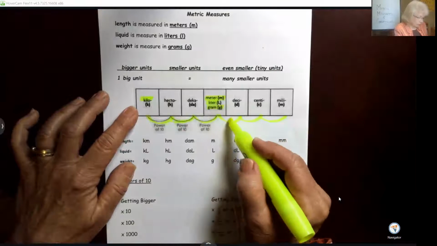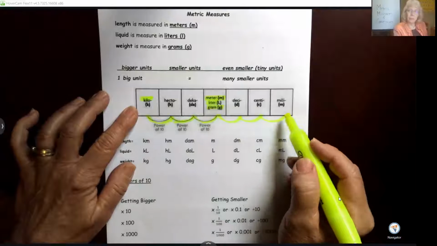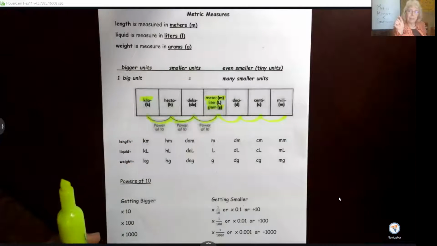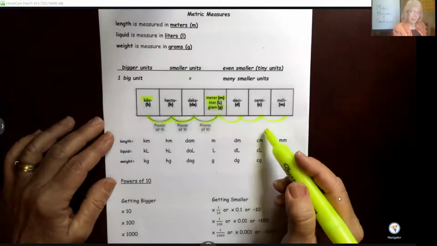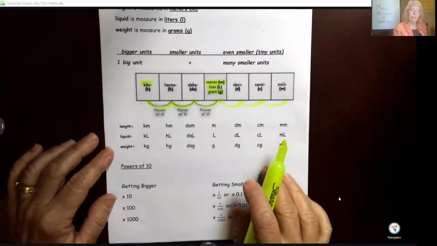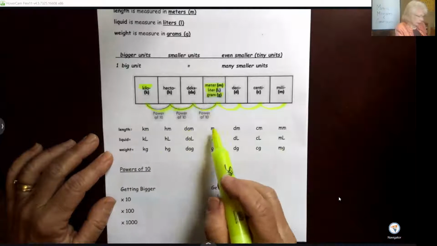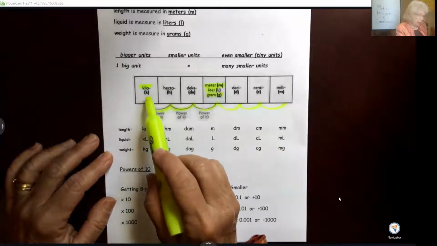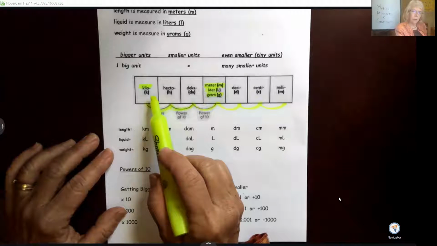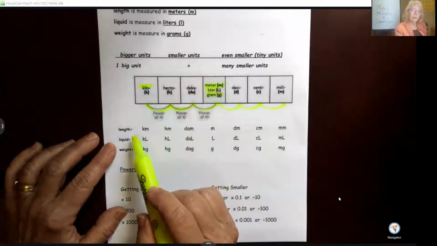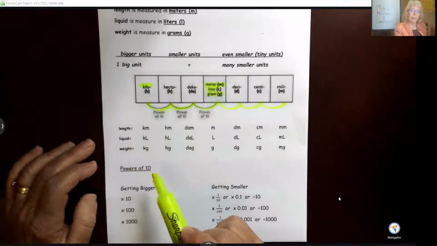And if we get down to millimeters, we have those tiny little spaces on some of our rulers, okay? So I wrote out on this sheet for you how, for length, each of these appear when you attach the abbreviation for the unit of measurement to whether it's length, liquid, or weight, okay?